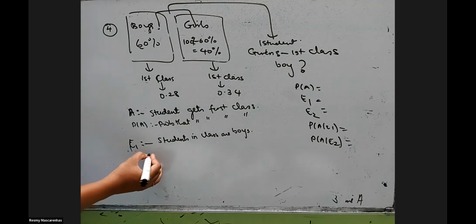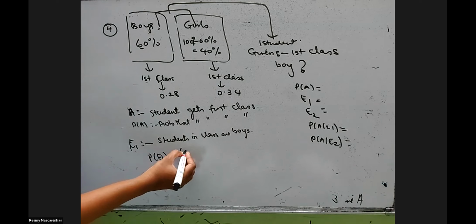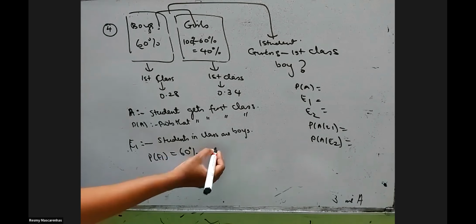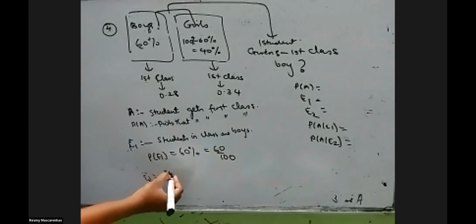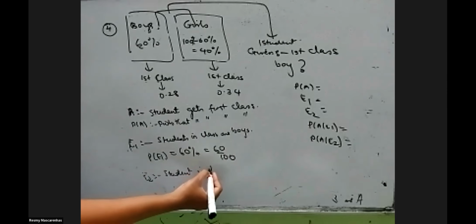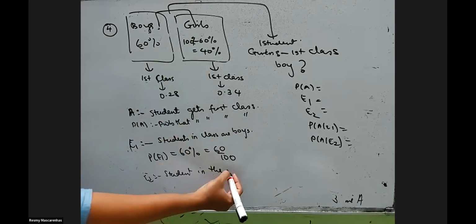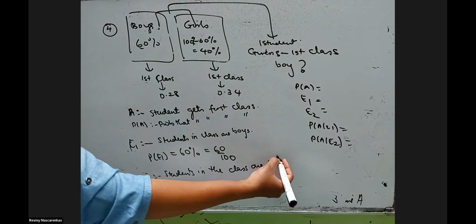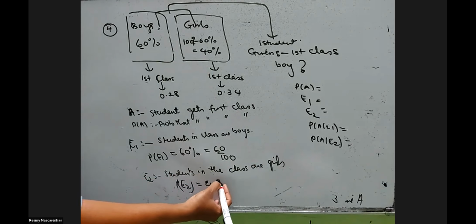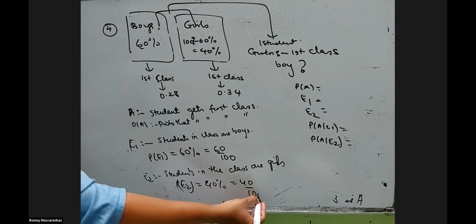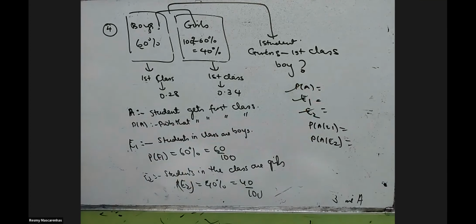How many boys are there? 60%. Keep it as that. E2 is what? The number of girls in the class. You can frame this in your own words, this shortcut also you can do. Number of girls, so this is 40%, 40 upon 100. Now frame this one.